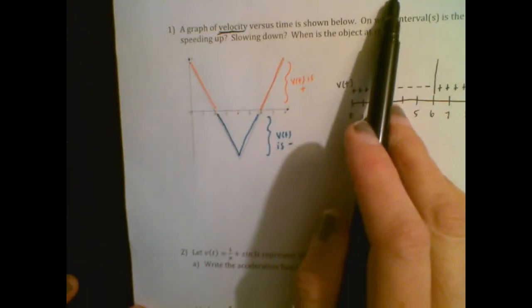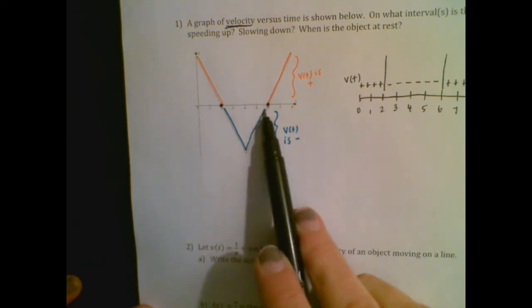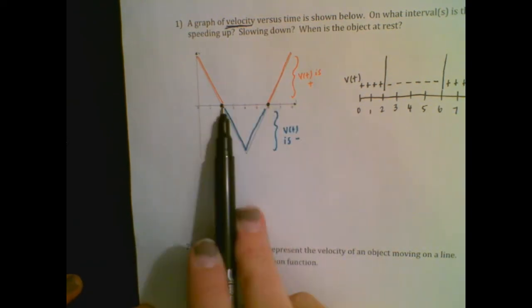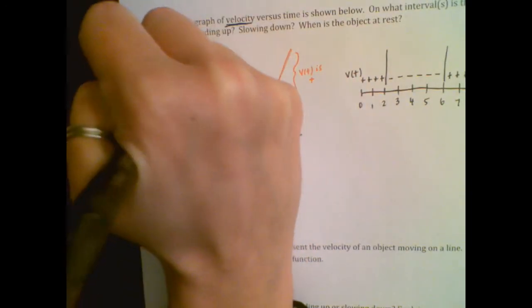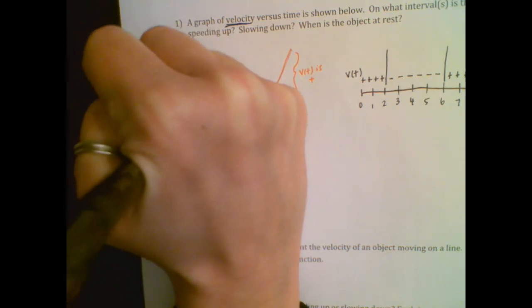Well, that's actually happening in two places on this graph, because the velocity at some point needs to change from positive to negative or from negative to positive. And the times that that's going to happen is where v of t is equal to 0. So on the x-axis, our v of t is 0.